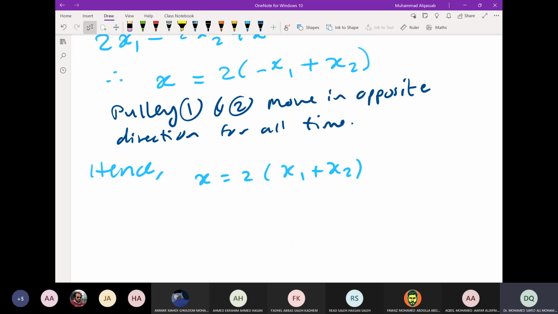So you take into consideration the sign of x1, then it will be addition. This is the final relationship between x, x1, and x2.